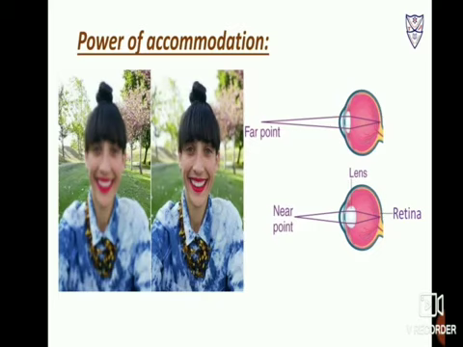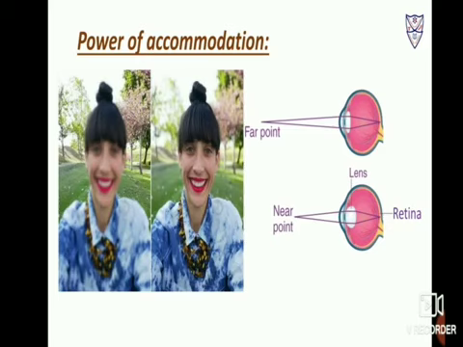The furthest point up to which the eye can see an object clearly, see the first image. The distant object which we can see with our eyes without any strain is called the far point of the eye. For a normal eye the far point is infinity. Now see the second image.